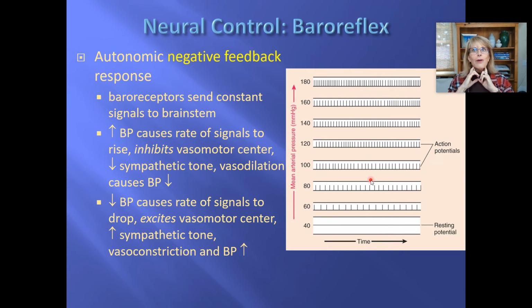They're in the carotid arteries and the aorta, two places. If it's normal, then this is what's going on. It's like a beep, beep, beep, beep, and the medulla oblongata is just listening to the beeps, and your medulla oblongata goes, oh, everything's cool. If blood pressure gets low, then your medulla oblongata goes, oh, I'm not hearing any beeps.